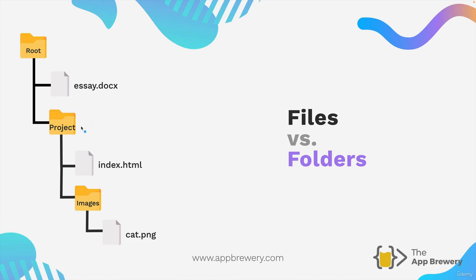As you can see here, we've got a very simple structure of the storage on a computer. The root is usually the starting point of your computer filing system, and this is usually called your hard drive. So this could be your C drive on Windows, or it could be your Macintosh HD on a Mac.